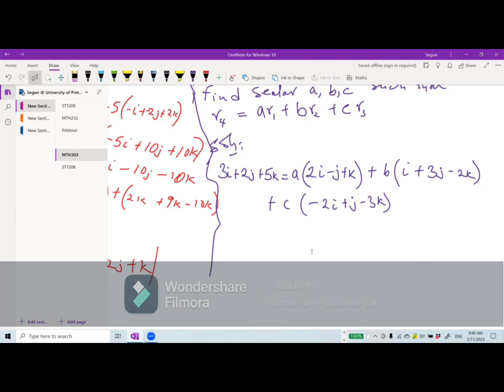So after that, you will be able to solve the problem accordingly. So now that we have A, you agree with me that at the end of the day, I'm going to have something like this.